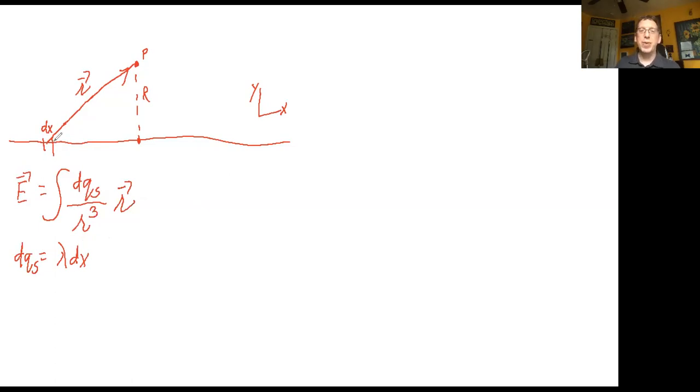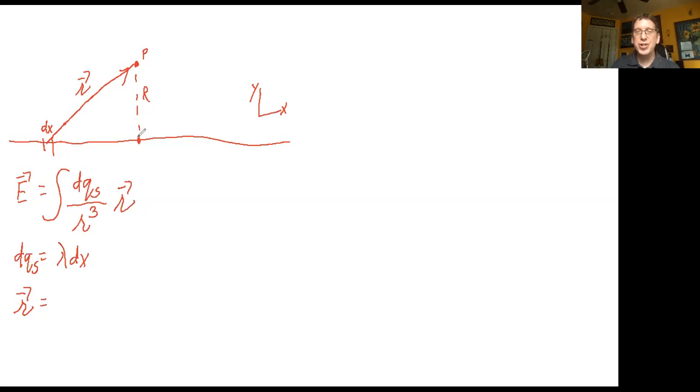So now we want to figure out what the r vector is. So you look at this, it's got a component in the x direction, and it's got a component in the y direction. So we're going to write this in unit vector notation. So the x component is the distance from the charge to the origin.